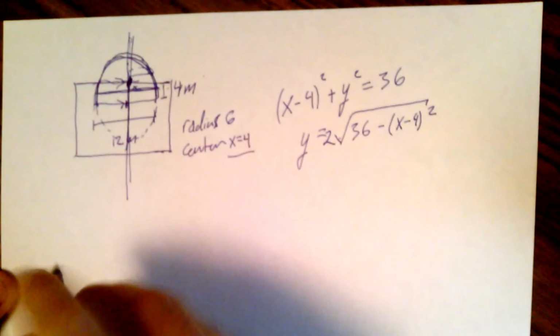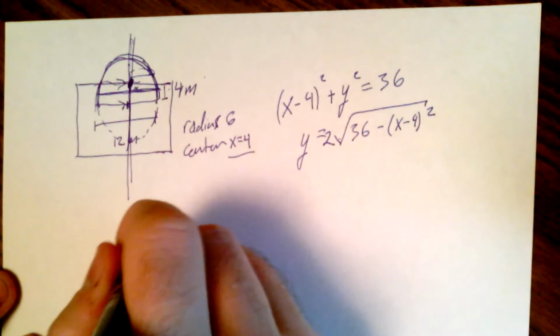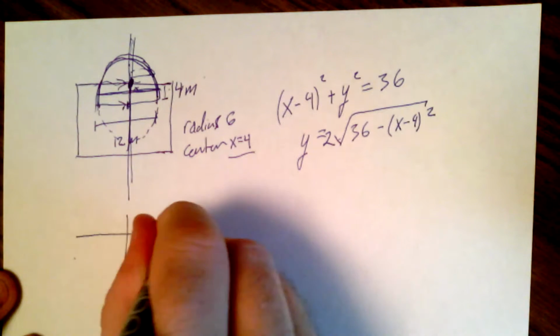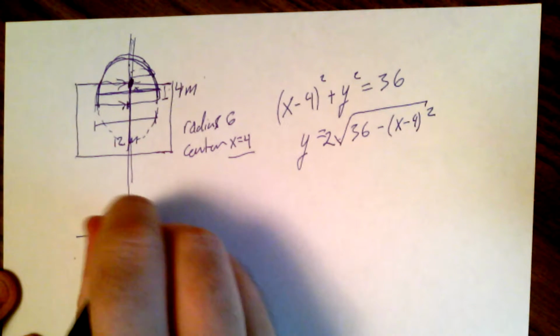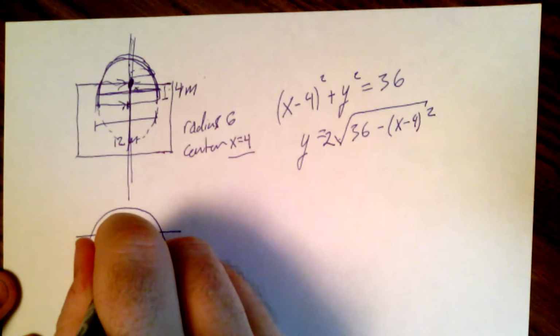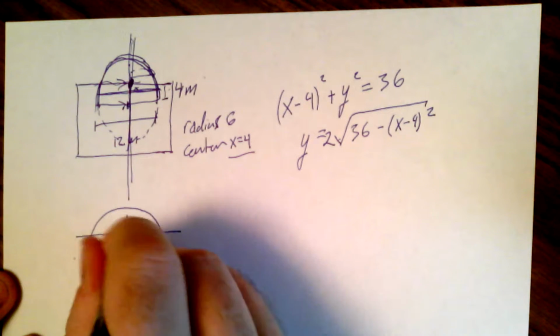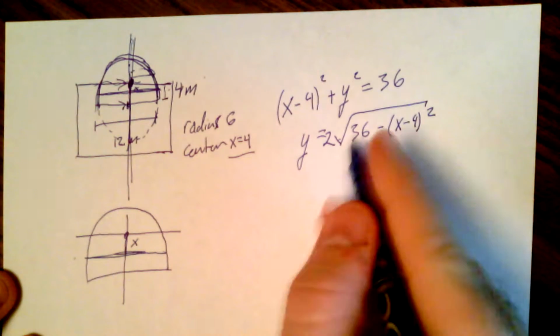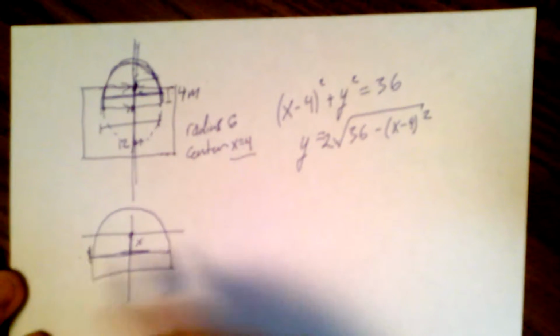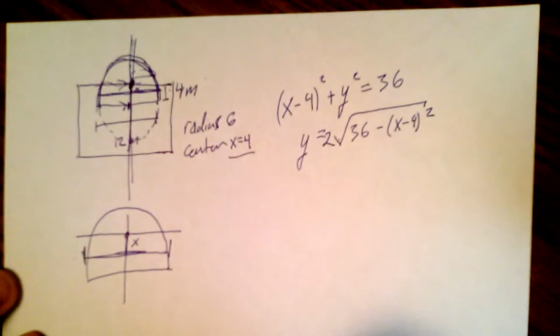Now, let's draw our diagram again. If this is the surface of the water, and here's our semicircle, and we are a distance x down from the surface, then y is the distance from this side to this side of our semicircle.